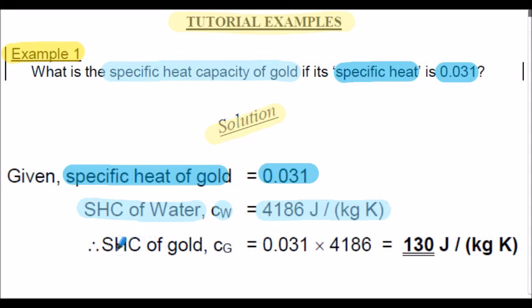So the specific heat capacity of gold, C suffix G, is simply the specific heat value multiplied by the specific heat capacity of water. So that evaluates to 130 joules per kilogram per K.